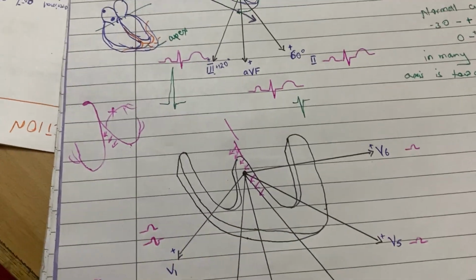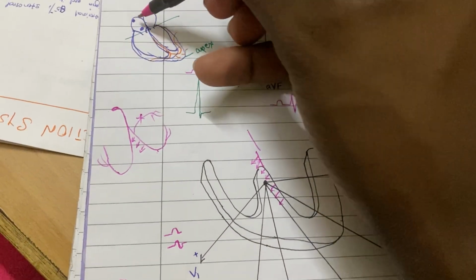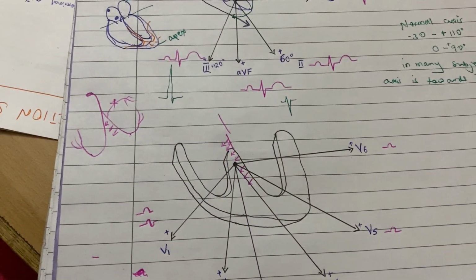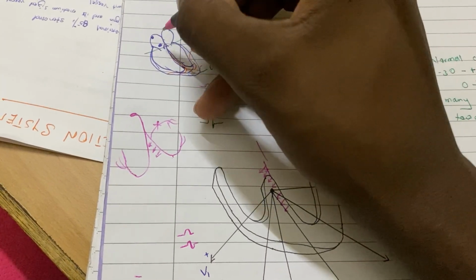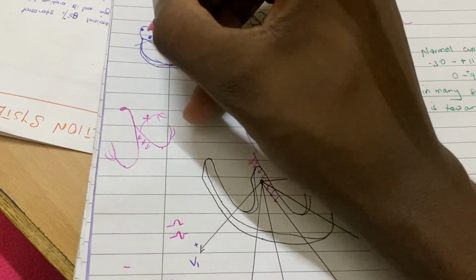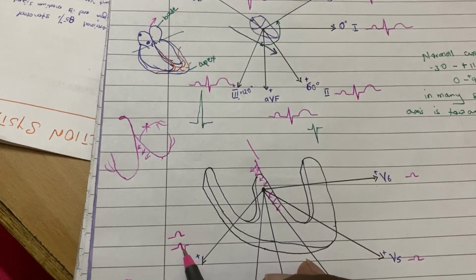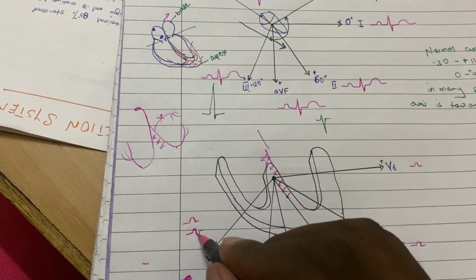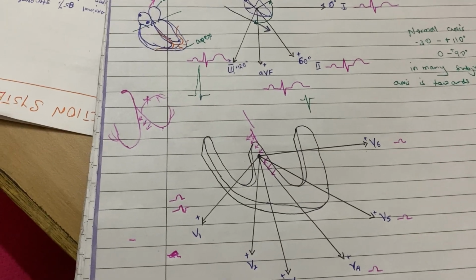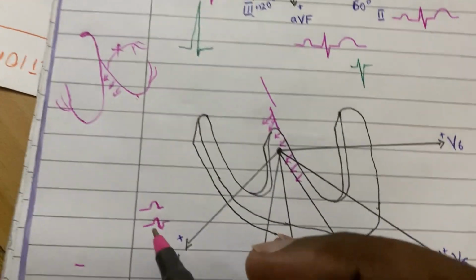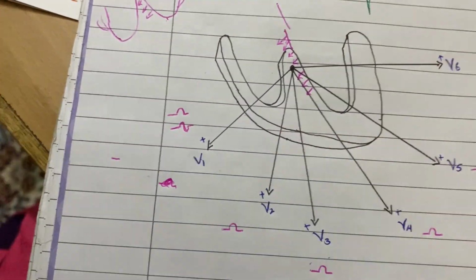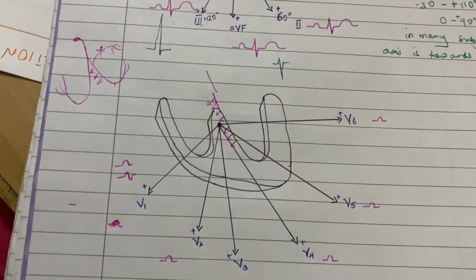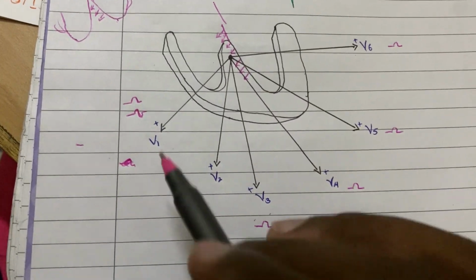The first part is the right atrium, coming towards lead V1's positive terminal, but the left atrium, since it is behind, depolarizes going the other way, so it will appear negative, moving away from the positive terminal of V1. So the first part is positive for the right atrium, and the next part negative for the left atrium. So it is a variation.